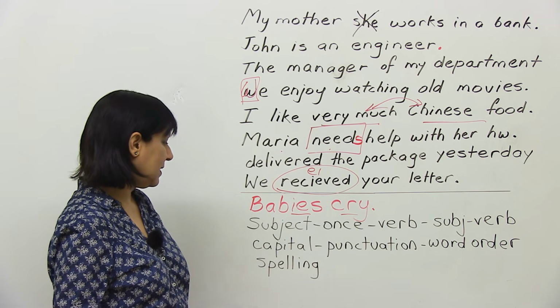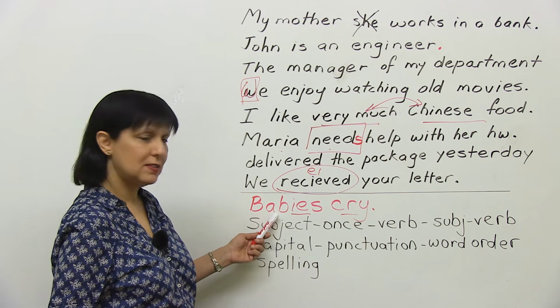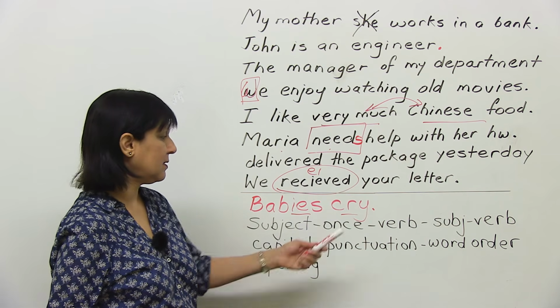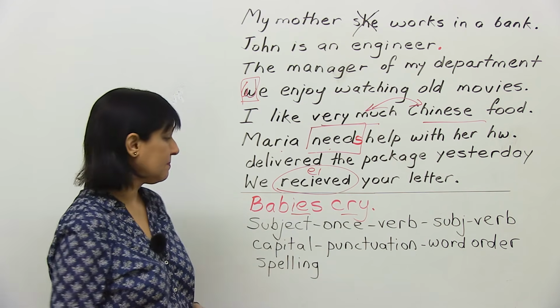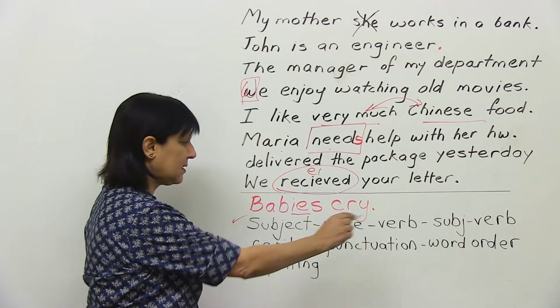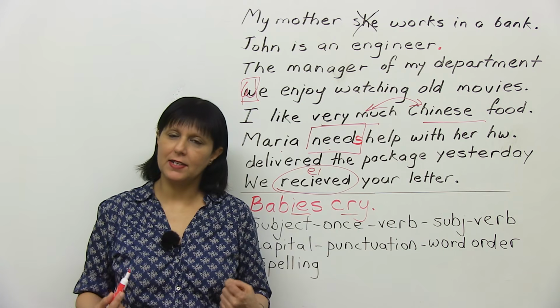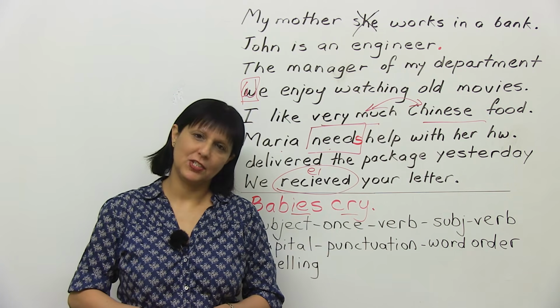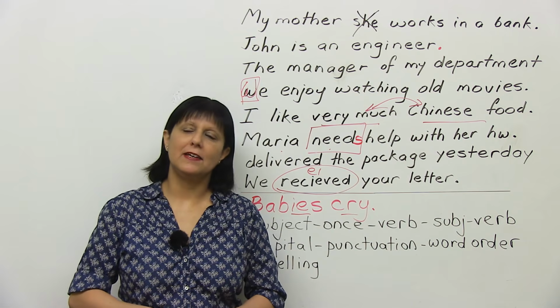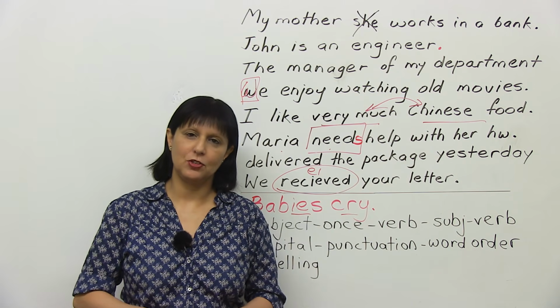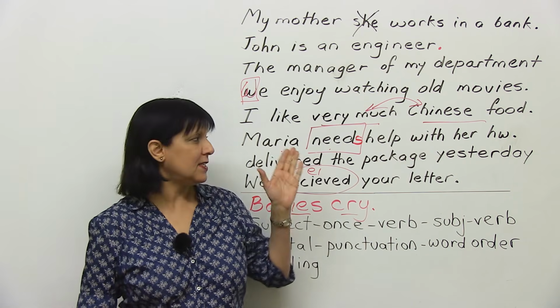That was fine. And spelling, okay? The word babies is spelled correctly. The word cry is spelled correctly. So these points are all the points that you need to keep in mind when you're constructing an English sentence. Make sure you do that and you don't lose marks unnecessarily on your exams by making one of these basic errors.